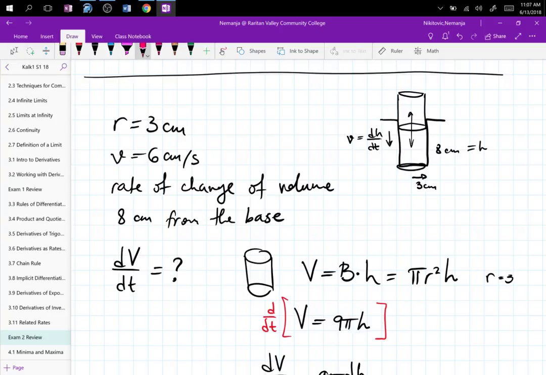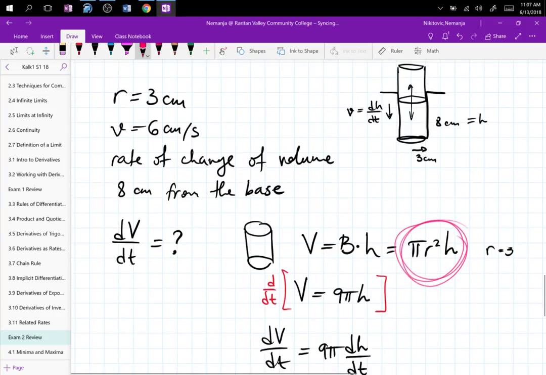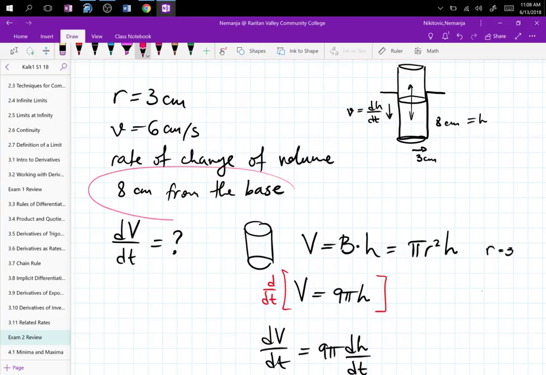The volume of the cylinder has a linear height. When you take the derivative of that height, it becomes dh/dt. If it was h squared, then you would have 2h dh/dt, and then you would need h to plug in. But in our case, I'm really not sure why they put this in.